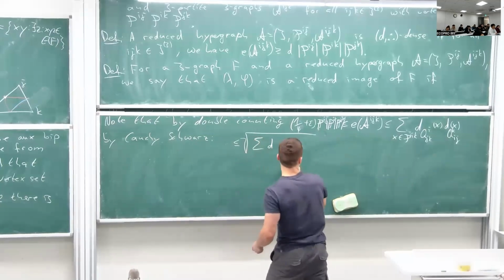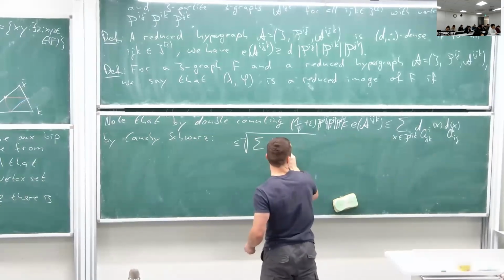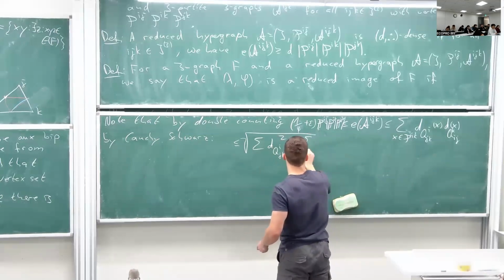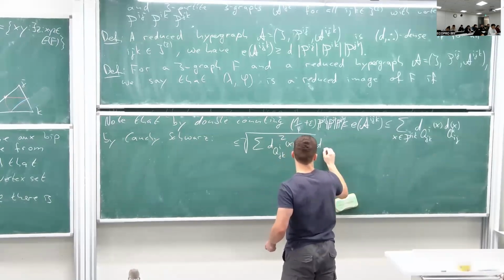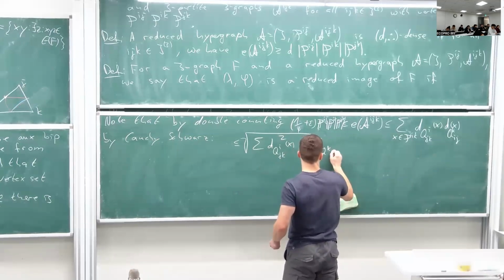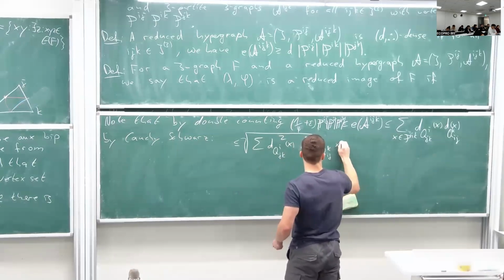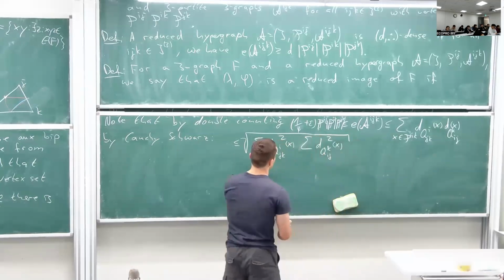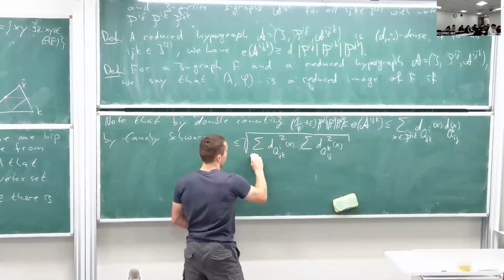So the sum of d QIJK of x squared times the sum of d QKIJ of x squared, with the sums still going over all x.